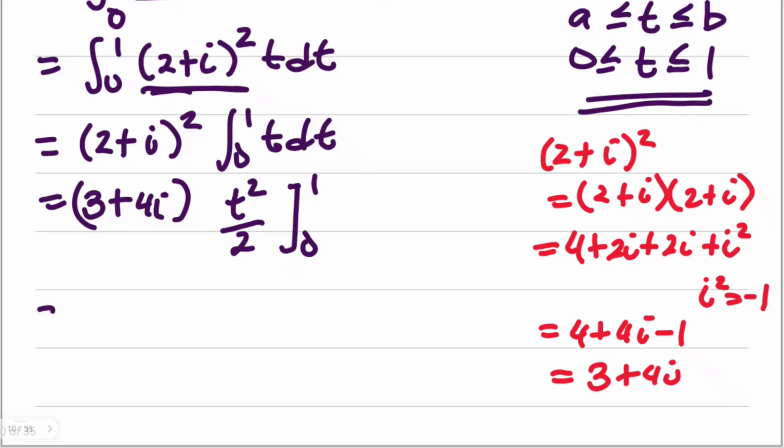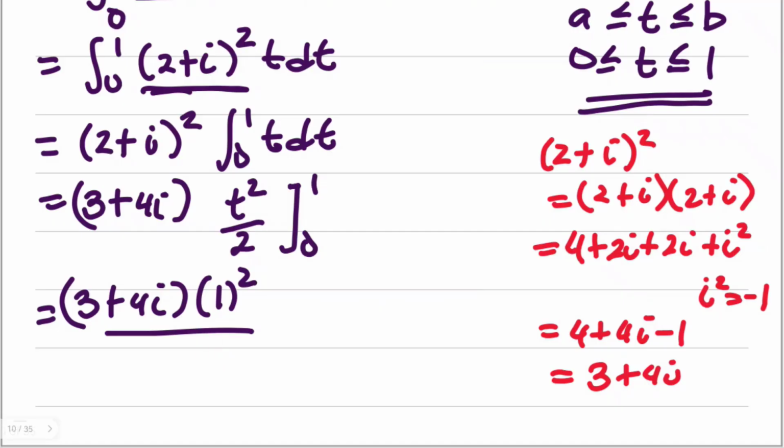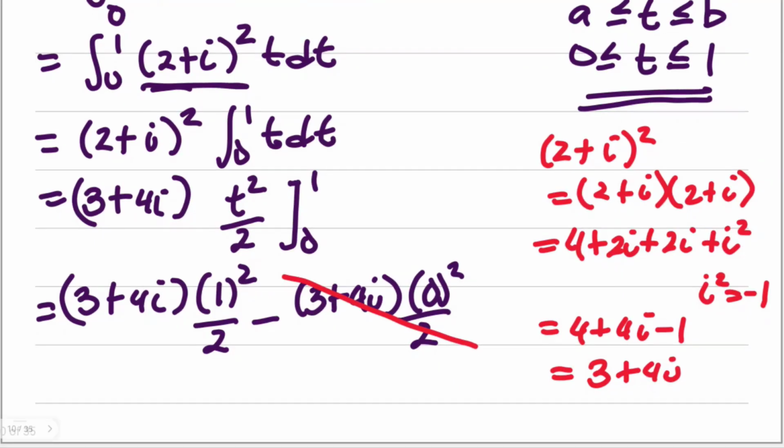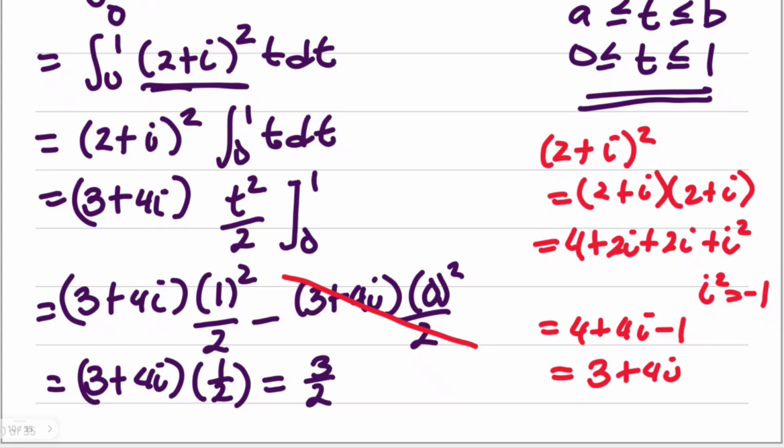We will have 3 plus 4i times 1 squared over 2, minus 3 plus 4i times 0 squared over 2, which gives us 0 for the second term. The remaining term will only be 3 plus 4i times 1 half, or simplifying that, you have 3 halves plus 4 over 2, that's 2i.